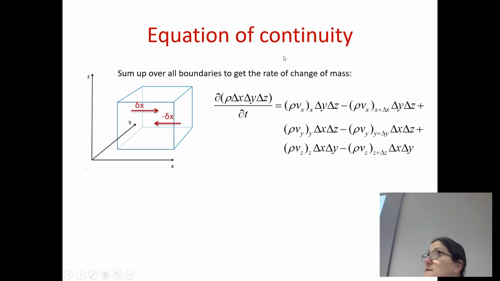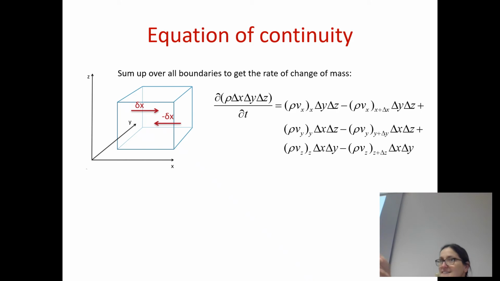Yes? In the shell balance, we had it going in and going out. Can you explain again why it has to be a negative delta x? Because the directions of the normals for these two sides are opposite each other.